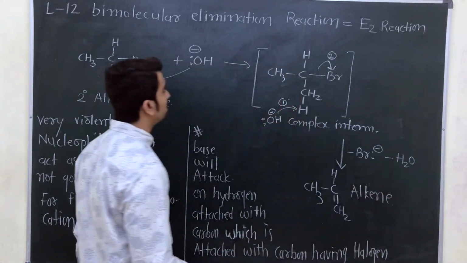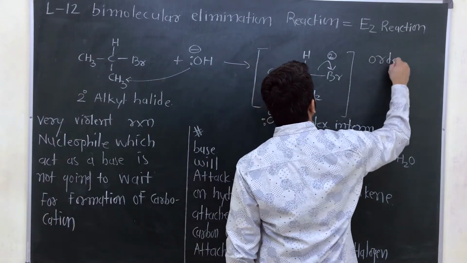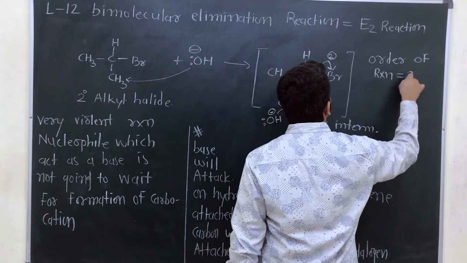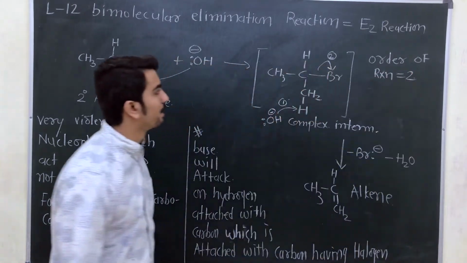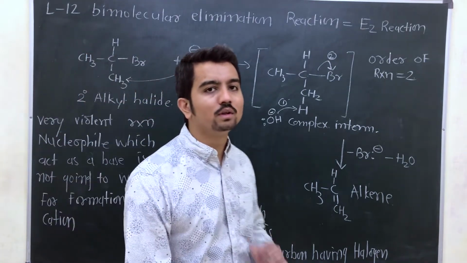Order of reaction is equal to 2. Single step reaction. Clear? E2 is a single step reaction. You have to remember one thing.